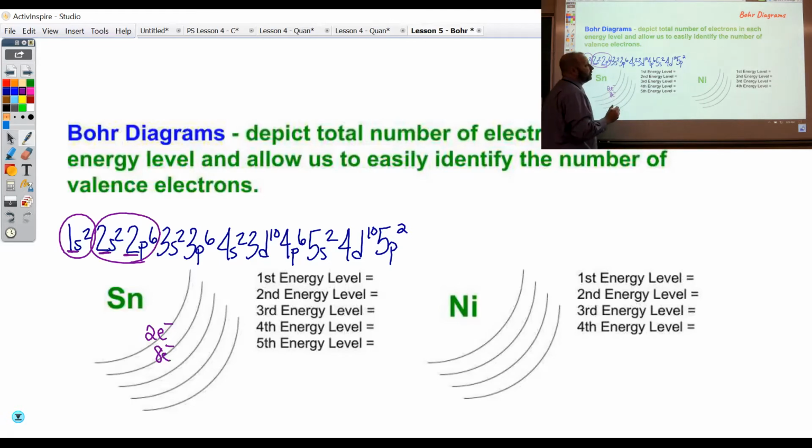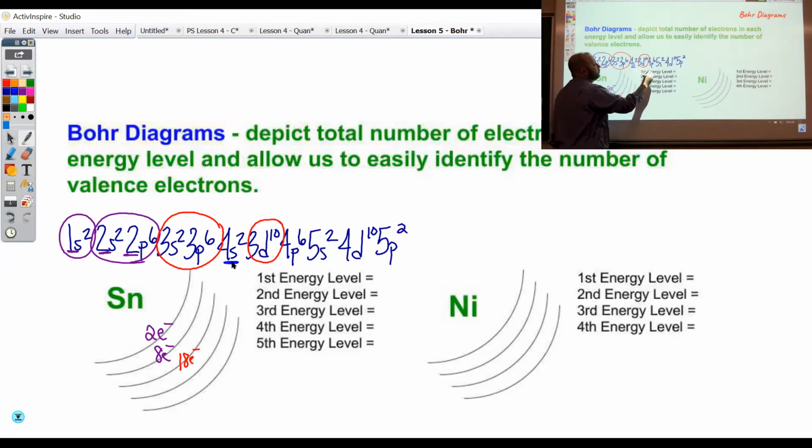In the third energy level, that's everything with a 3 out in front. It's easy to spot these two because they're right next to each other, but we also have to group in there this 3d10. So we have 2 plus 6 plus 10, or a total of 18 electrons in the third energy level. In the fourth energy level, that's everything with a 4 out in front.